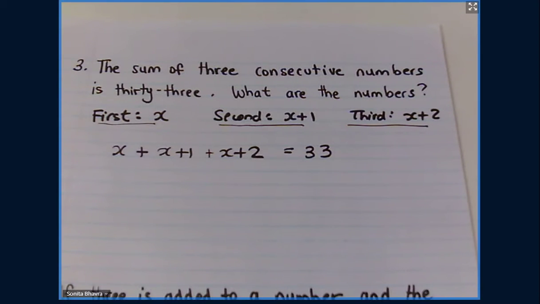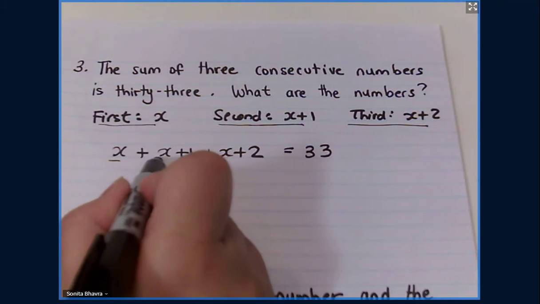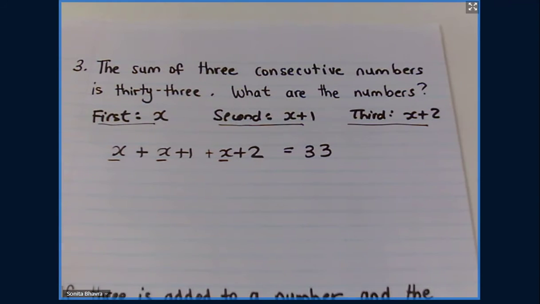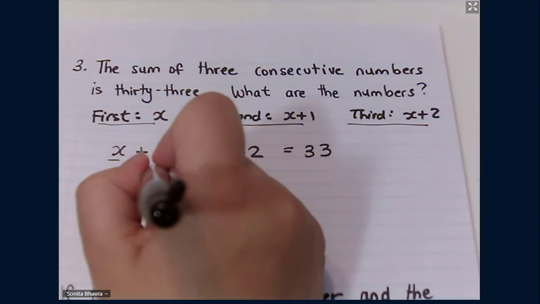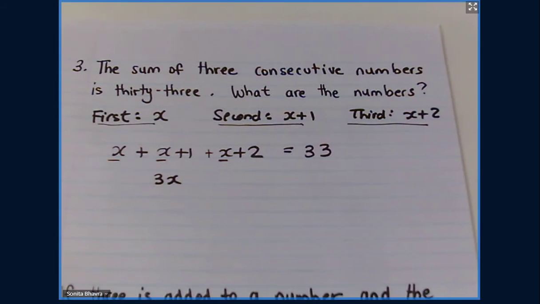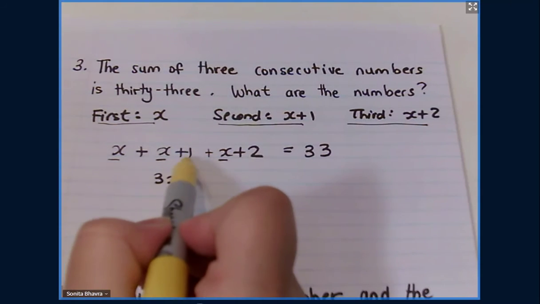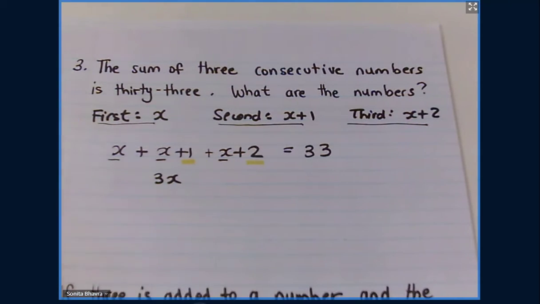In a situation like this, I would collect my like terms together. So x plus x plus x, that's 3x. I can also collect together the 1 plus 2, which is 3.